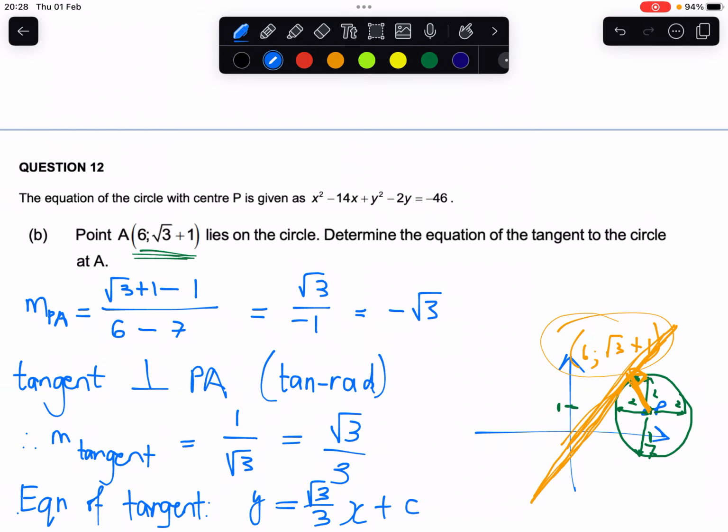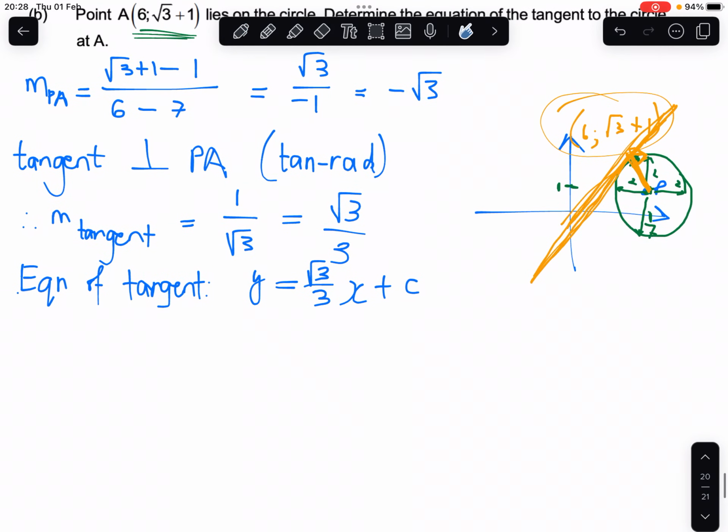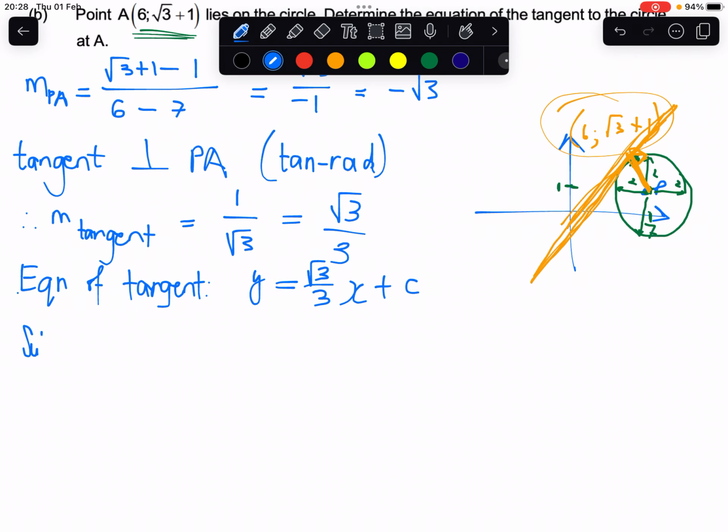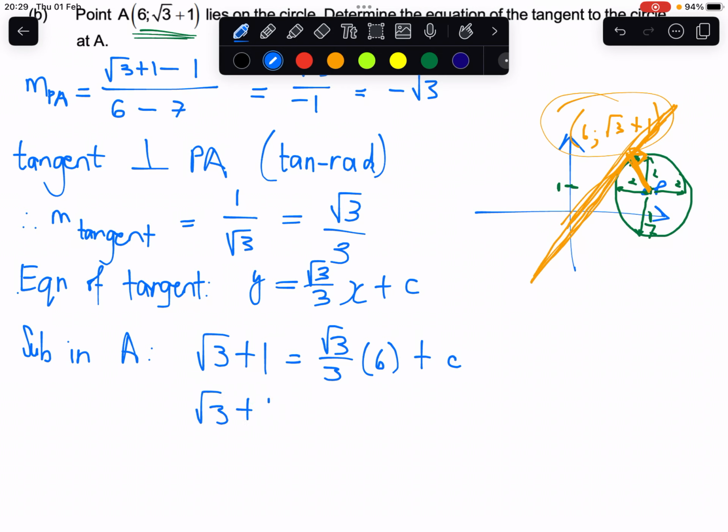And now we need to figure out what c is. Okay, and we do that by subbing in the point, what was it, A, which has root 3 plus 1 as the y, and then the x is 6. Okay, so now we've got root 3 plus 1 is equal to 2 root 3 plus c, right?